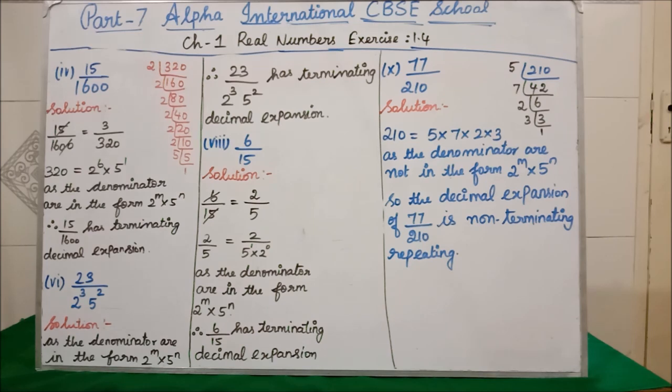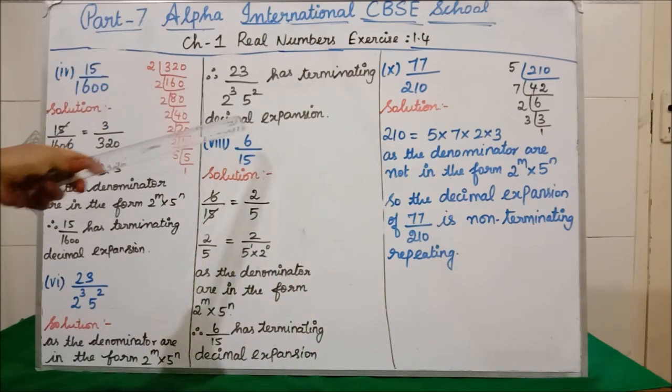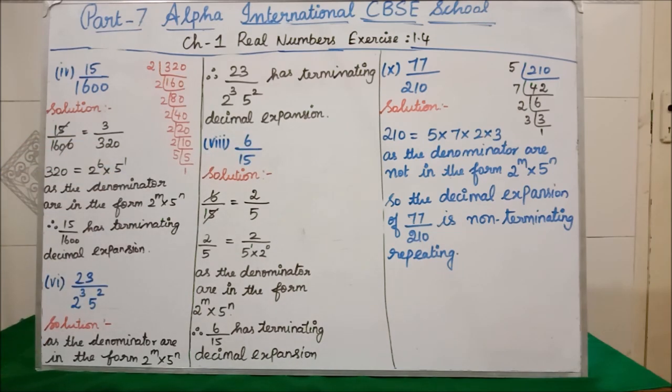As the denominator is in the form 2 power m into 5 power n, the question itself is in the form. So we just write: as the denominator is in the form 2 power m into 5 power n, therefore 23 divided by 2 cube into 5 square has a terminating decimal expansion. In this we need not calculate anything because it is already given in factorized form.